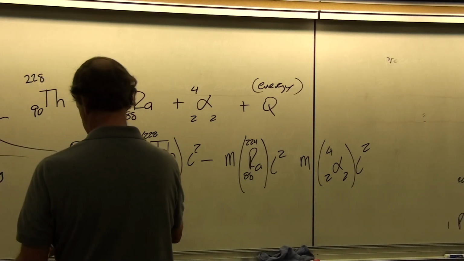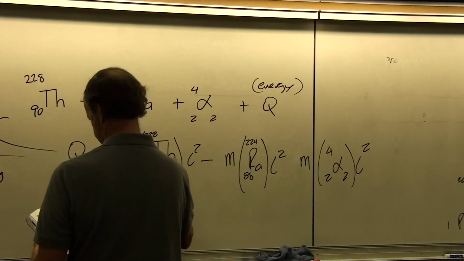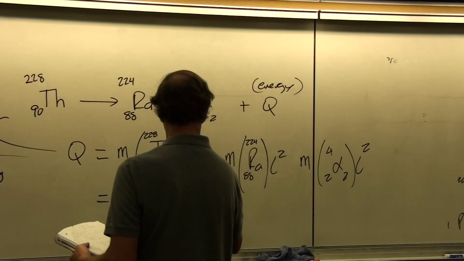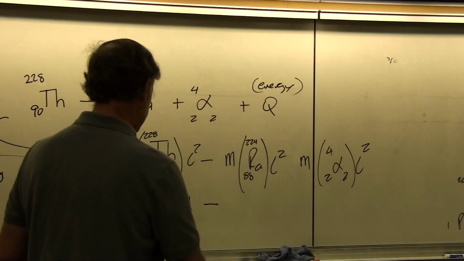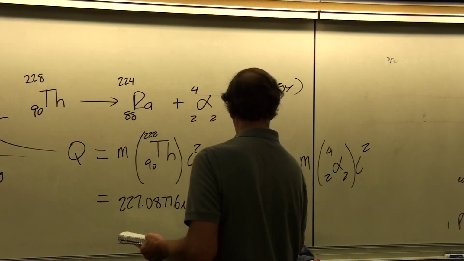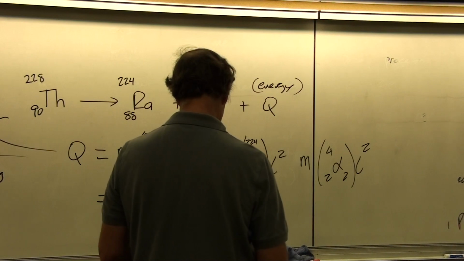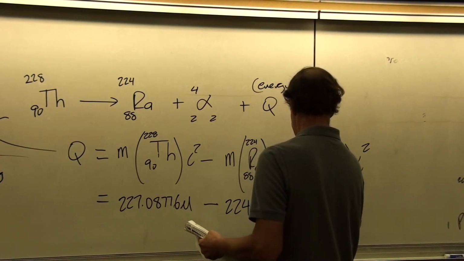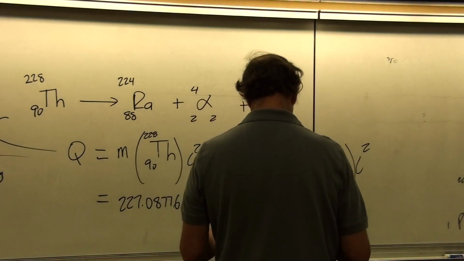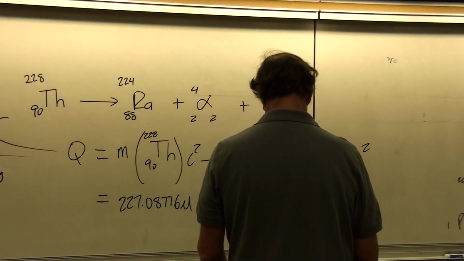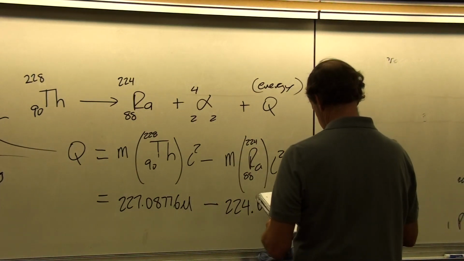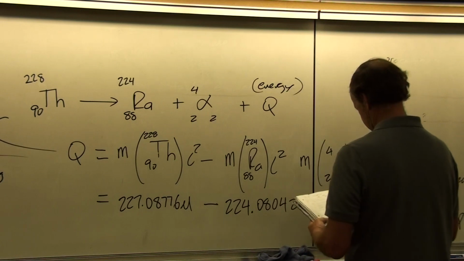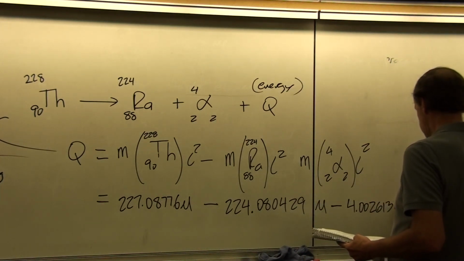Okay, so now if we look up the mass of thorium, this is 228.08776, sorry, 227... mu, minus the mass of the radium, that's 224... These, of course, would be numbers that I'd have to give you for an exam. 0.080429 mu, minus the mass of the alpha particle, which is 4.002603 mu.